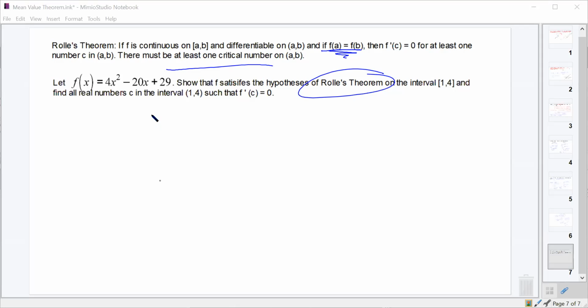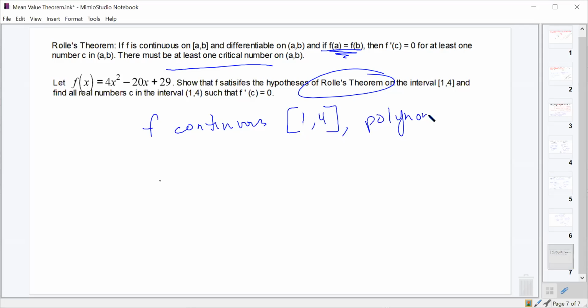Exactly. So first off, is f continuous? Yes. And why? Because it's a polynomial. And what about f prime?